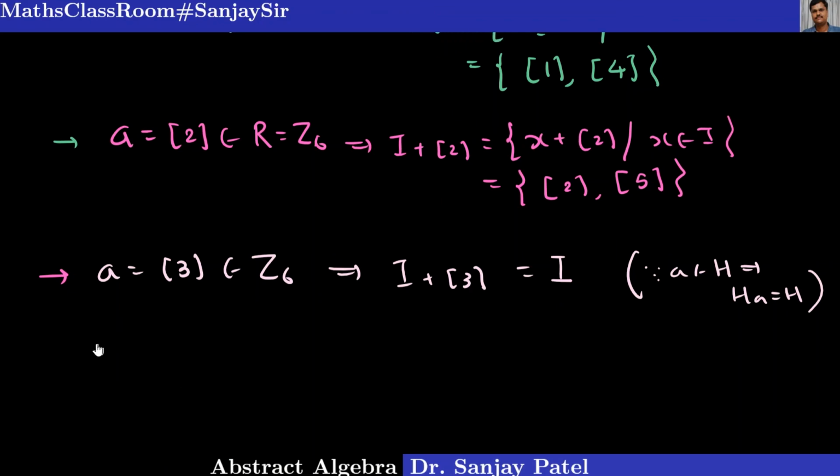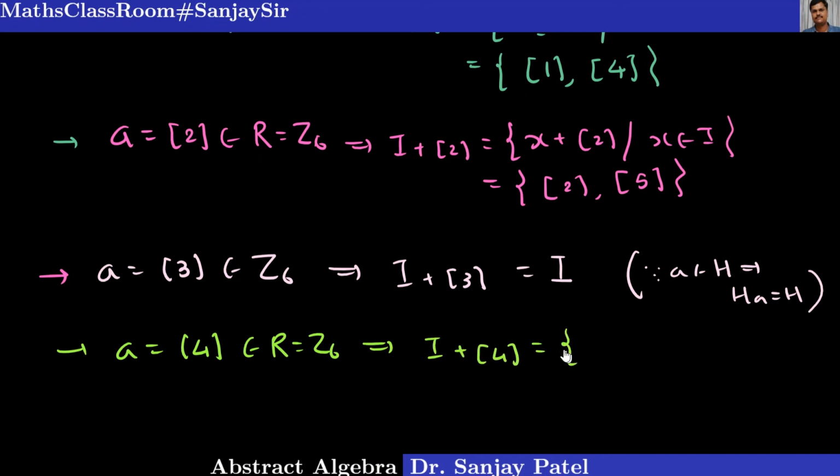Next, for A is equal to 4 belongs to the ring, that is Z6, what I can find is I plus 4. I contains only two elements, class 0 and class 3. So class 0 plus class 4 is 4, and class 0 plus class 3 is class 7, and class 7 is equal to class 1. So I can write class 1 because 7 is congruent to 1 modulo 6. We have to mod out every element by 6.